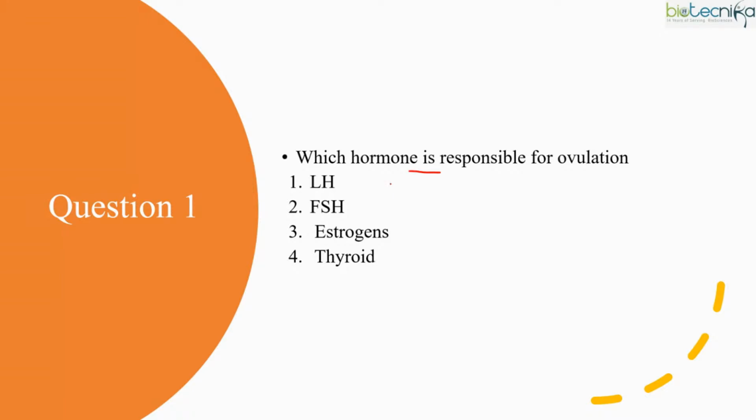As we discussed, the hormone that is responsible for ovulation is LH. Remember, don't get confused. The hormone responsible for ovulation is LH. In this way, you can expect multiple choice questions. So the right answer is LH.